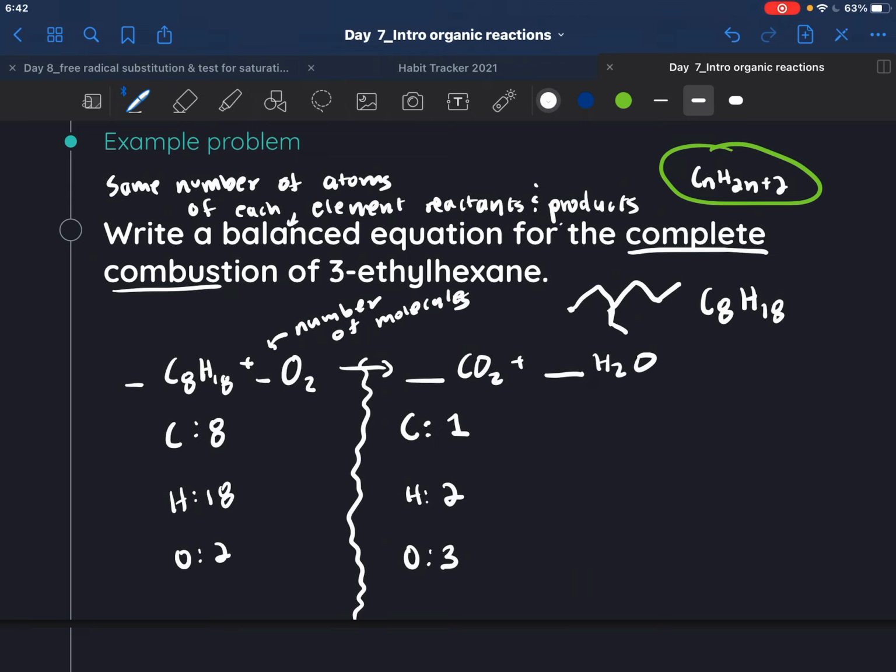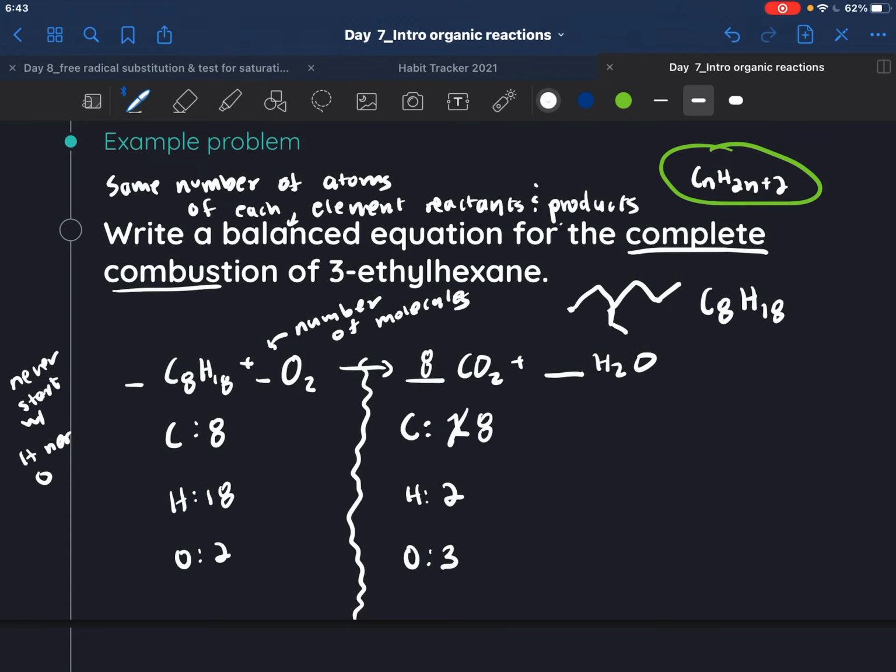Okay, whenever you balance, you never start with hydrogen nor oxygen. So in this case, I need to start with carbon. It's the only other element I have. So I have 8 carbon. I'm going to put in 8 as my coefficient for CO2 so that my carbons become balanced.